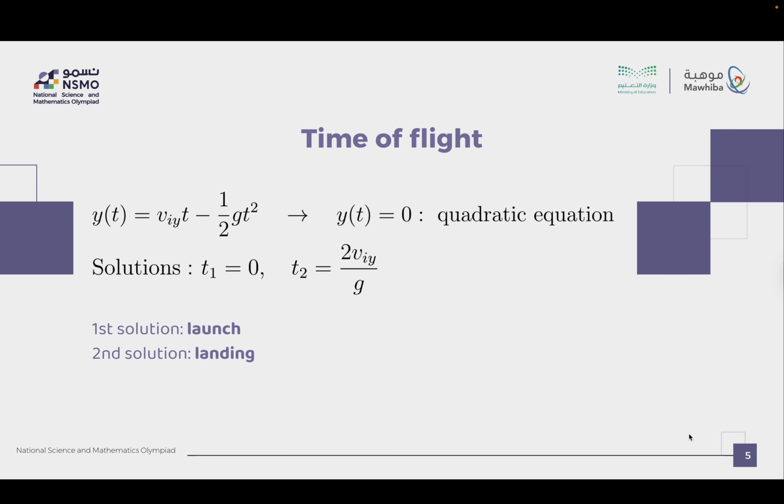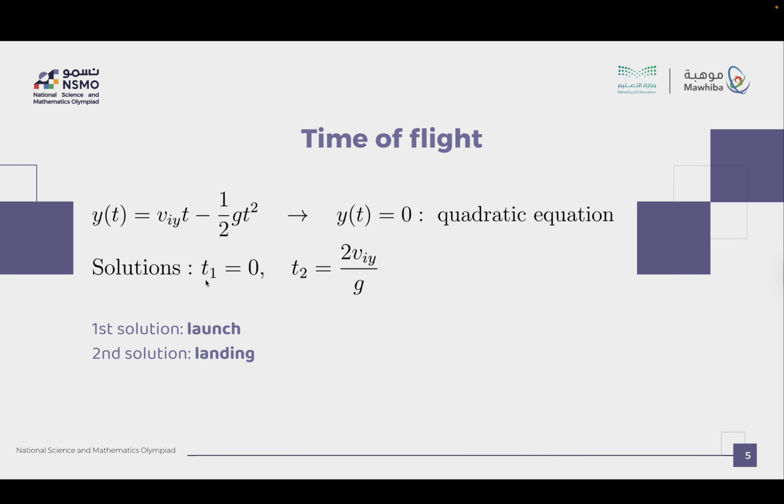Another interesting question is the time of flight. As we saw, the y-coordinate of the object can be expressed as y(t) equals Viy t minus 1/2 g t squared. The flight ends if the y-coordinate becomes 0. So substituting y equals 0, this yields a quadratic equation for the time. The quadratic equation has two solutions.